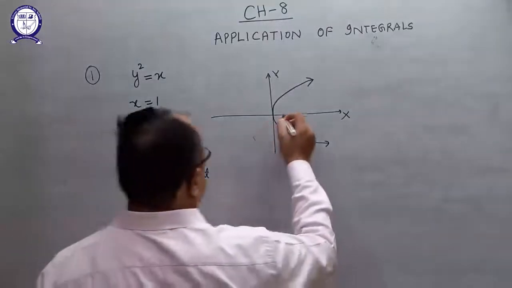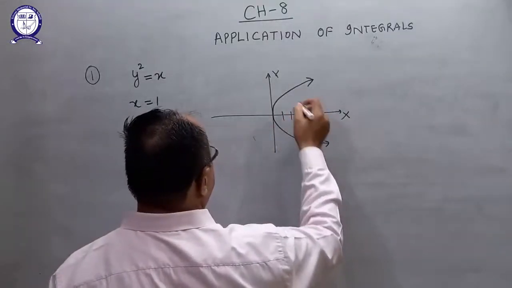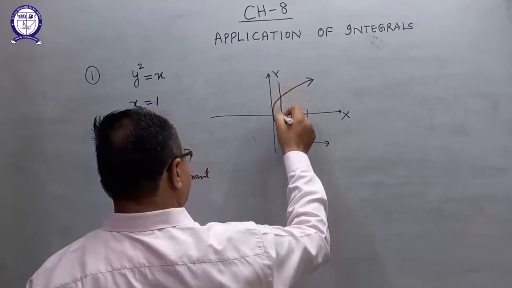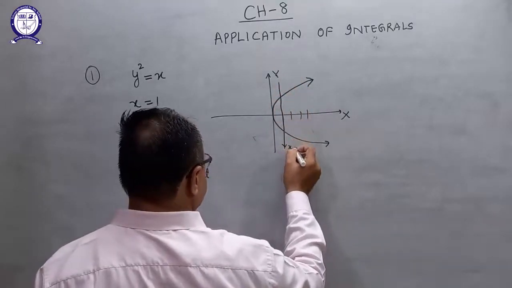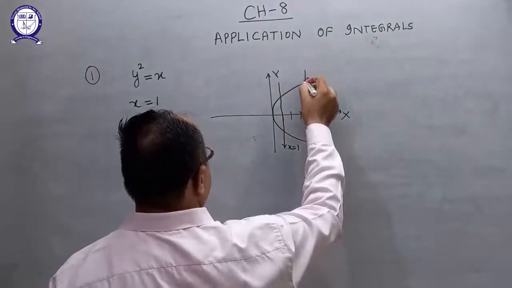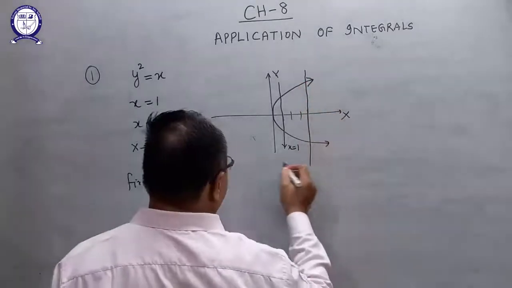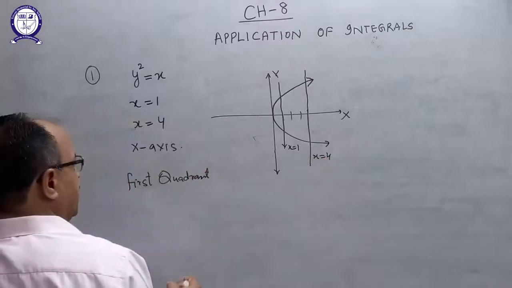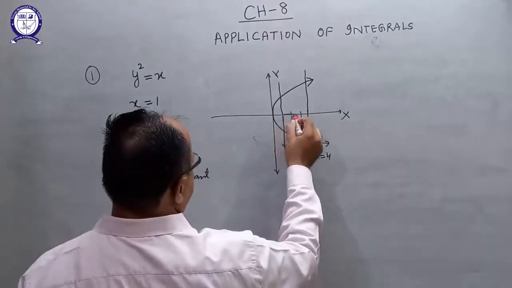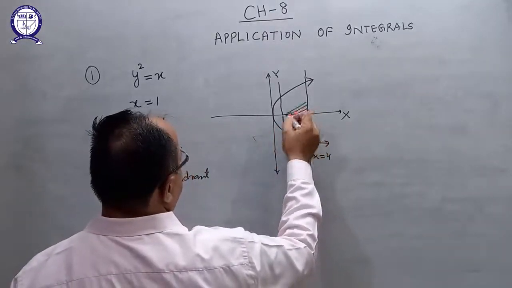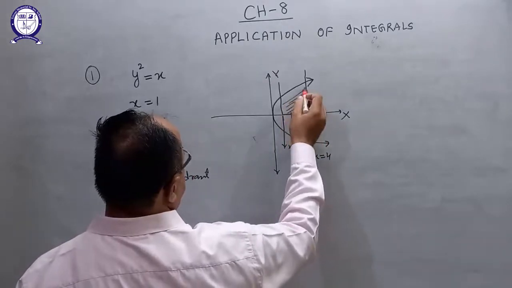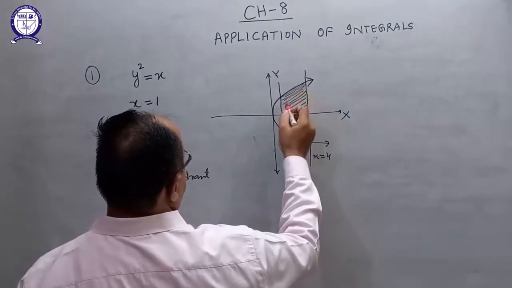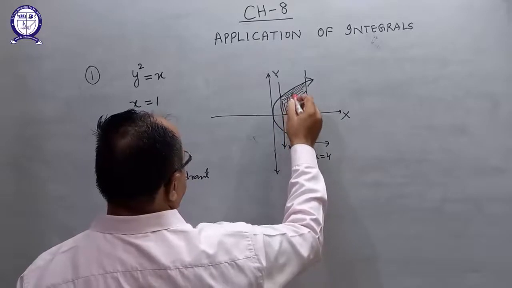And x is equal to 1, you know. This is 1, 2, 3, 4. x is equal to 1 means the line parallel to y axis. x is equal to 4 means the line parallel to y axis. And the x axis, this area lies in the first quadrant.